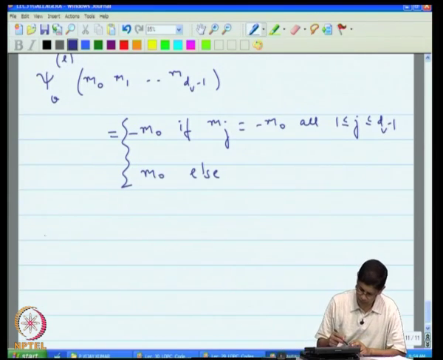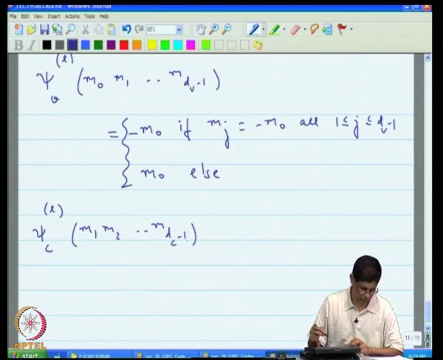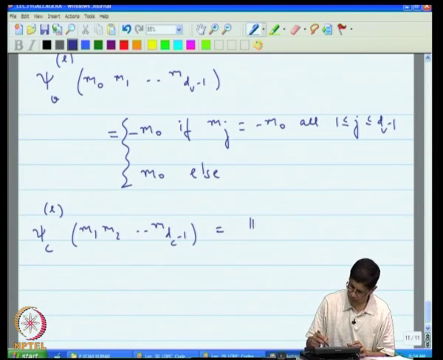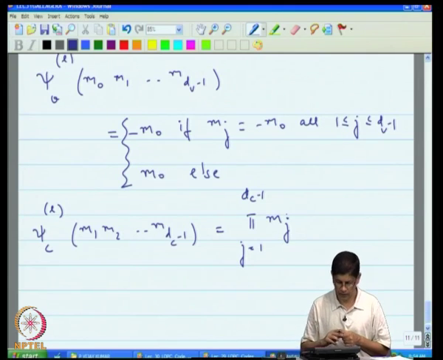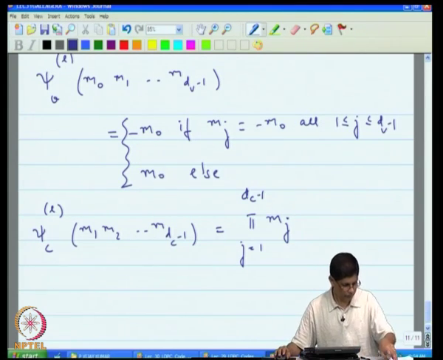At a check node during any iteration, the message that is passed out is simply the product of all the incoming messages. All right.